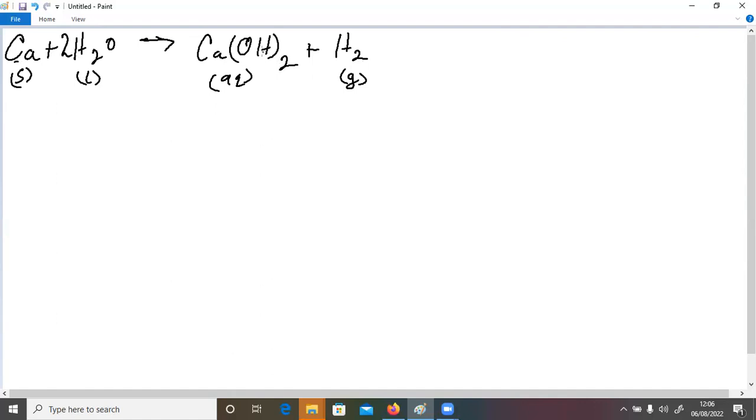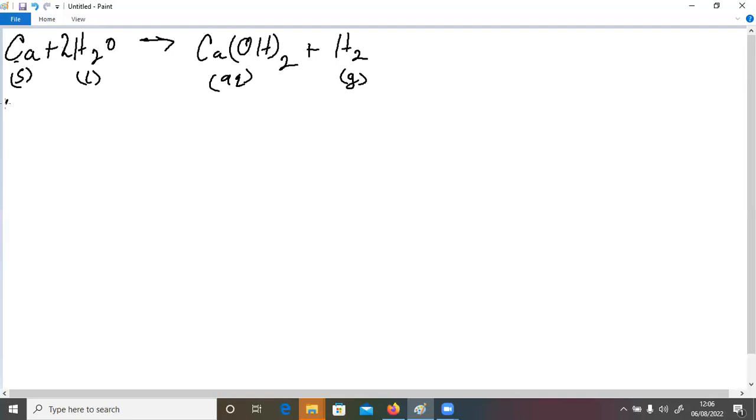Whatever is outside of the bracket multiplies everything inside it. So 2 hydrogens plus 2 hydrogens make 4, and there are 2 oxygens on each side. I think the equation is now balanced.